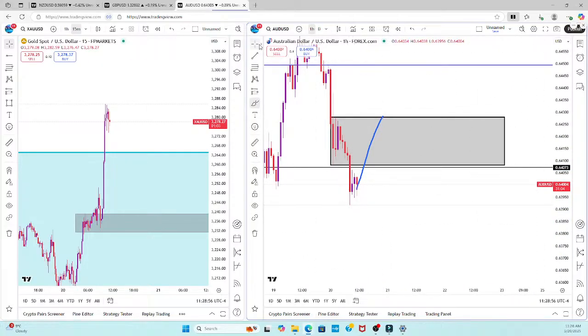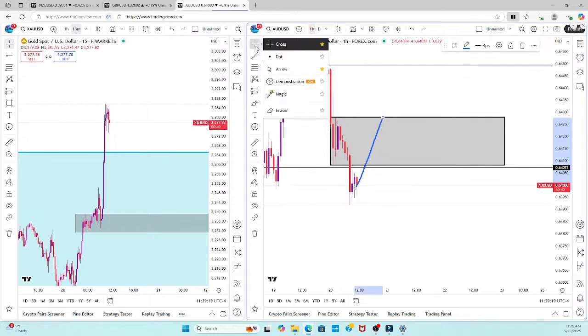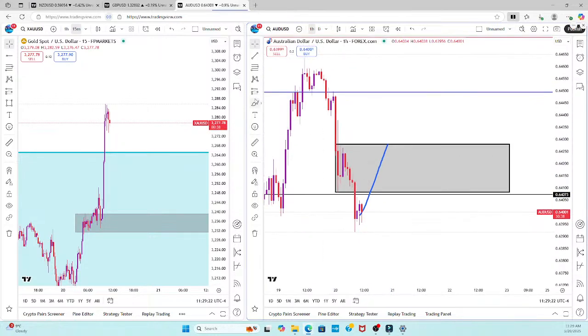So what does this mean? Look for a short on AUD USD when the price pulls back up to this resistance, which is sitting between 64.24 and 64.27. All right, if you're going to short it from here, just make sure you set your SL above the next resistance. Okay, the next resistance, which is, of course, this one here.